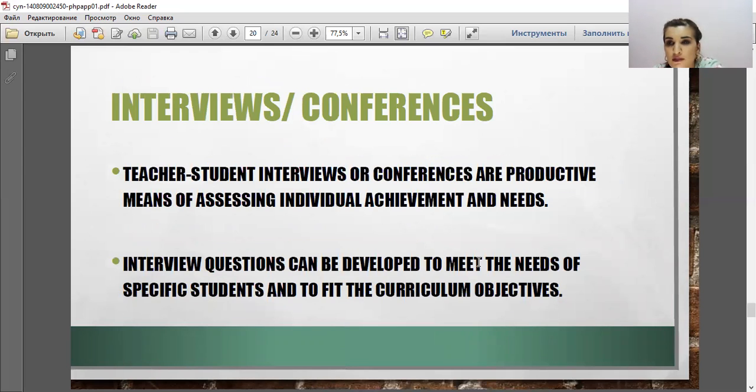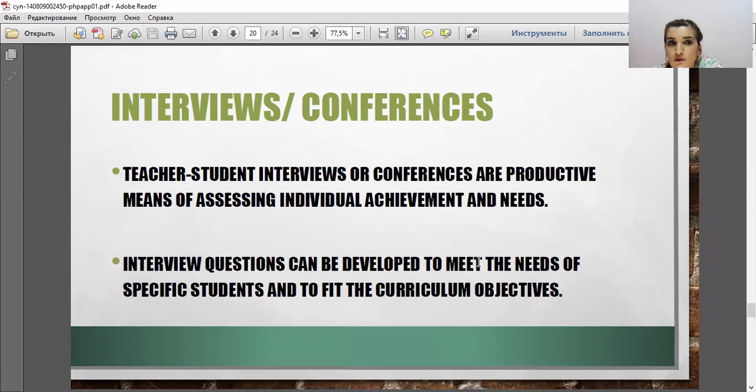Interviews and conferences are also a type of assessment. In this case, teacher-student interviews or conferences are productive means of assessing individual achievement and needs. And interview questions can be developed to meet the needs of specific students and to fit the curriculum objectives.